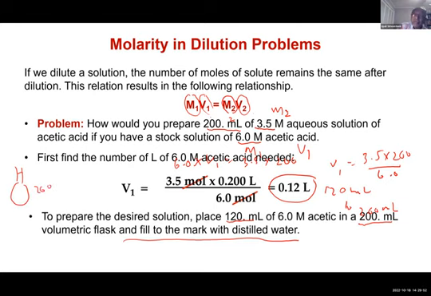Then you put the 120 in there and add water to it. Then you produce 200 milliliters of the 3.5 molar solution. So that's how you produce solutions from a higher concentrated stock solution.